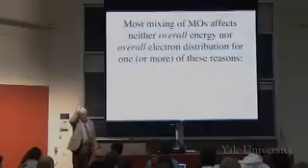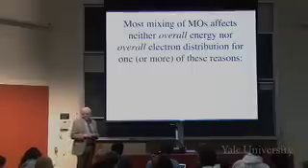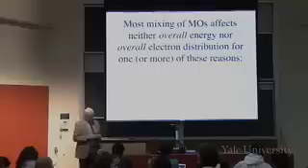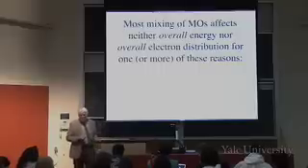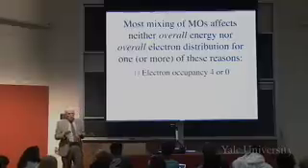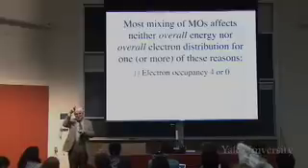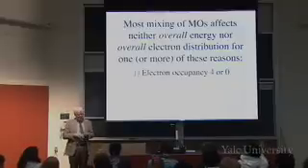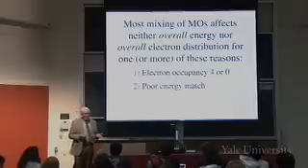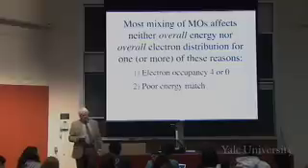Most mixing of MOs affects neither the overall energy nor the overall electron distribution for one or more of these reasons. Okay? First, the electron occupancy can be 4, that is, both were occupied, which means 2 go up and 2 go down, and the ones that go up a little more, so that's not a bond. Or 0, and you don't care about the energy. Or the energy match is poor, so there's not much mixing altogether.